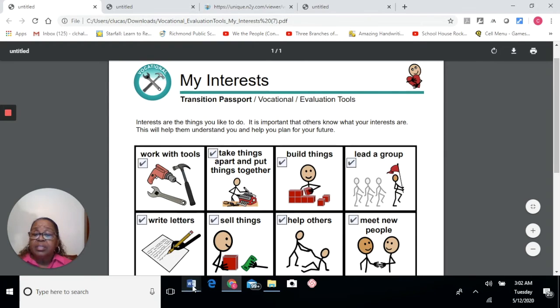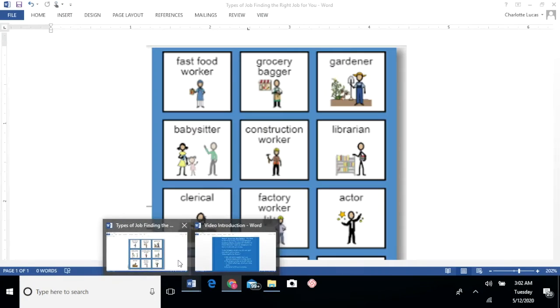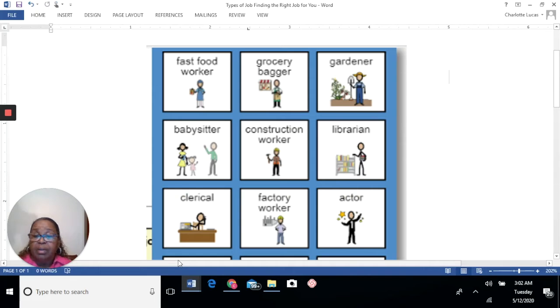Because in reality, there are a lot of jobs out there. There are all kinds of jobs that you can think about. First of all, you could be a fast food worker, a grocery bagger. My son worked in a grocery store. His first job, he loved it. You can be a gardener, where you're outside all day getting dirty. You could be a babysitter. That was one of my first jobs.